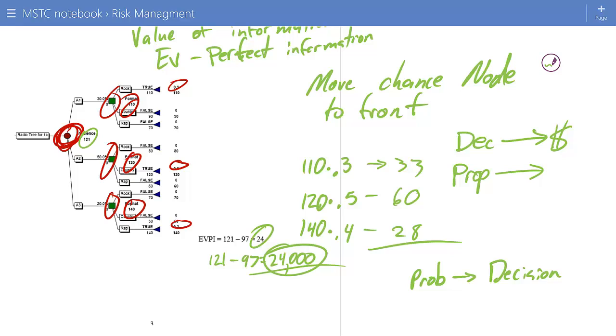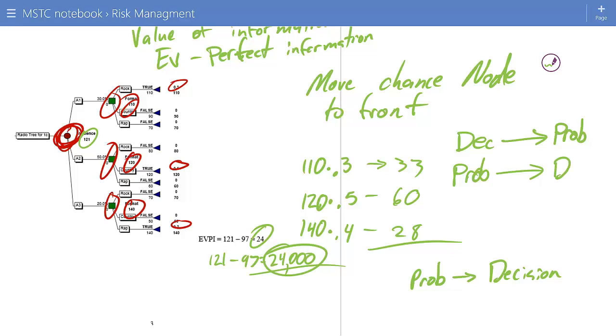You know that you're going to go with A2. Basically you make a decision and then you let probability determine how much money you make. As opposed to if you take the probability of each one, it tells you that there's a 50%. This has the higher percentage, so you go with that one.